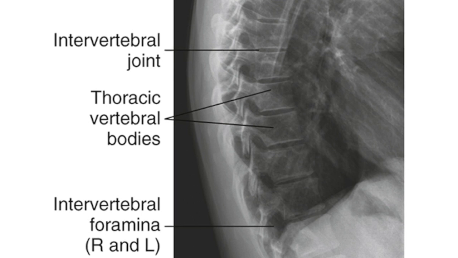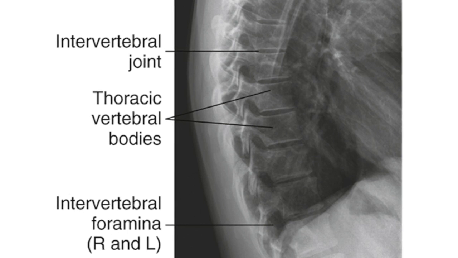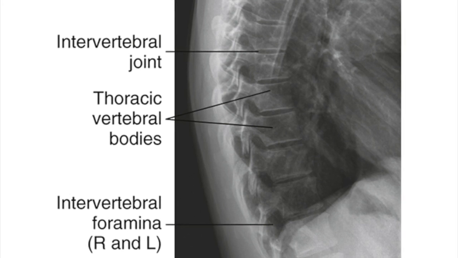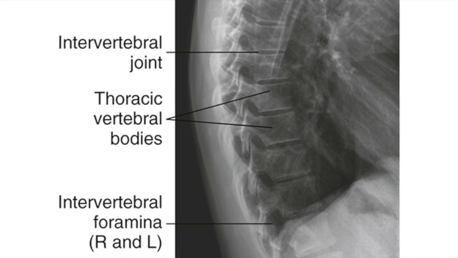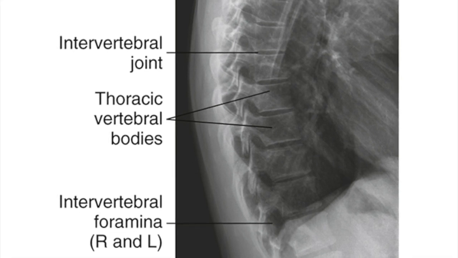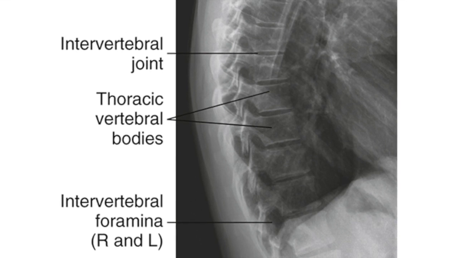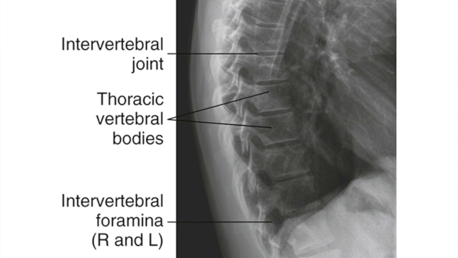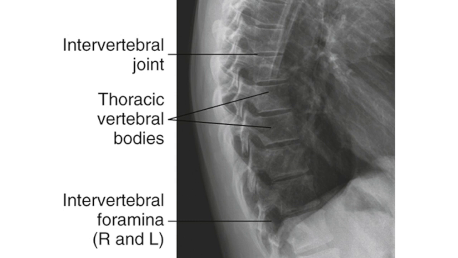The position should demonstrate open intervertebral disc spaces, and no rotation is indicated by superimposition of posterior aspects of vertebral bodies. Because of greater OID on one side, the posterior ribs will not be directly superimposed, especially if the patient has a wide thorax. No rotation is indicated by less than ½ an inch of space between posterior ribs.